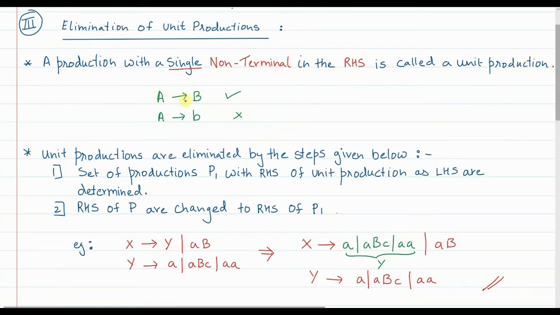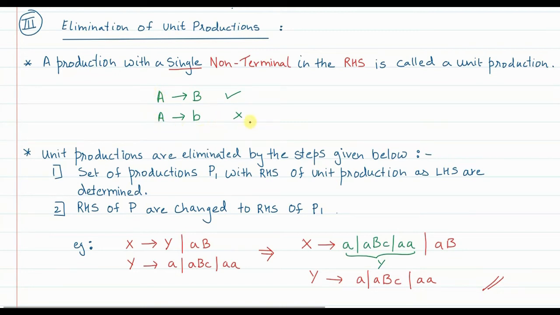Now consider this production here. On the right hand side of this A production, you will find a single non-terminal. Very important, it should be a non-terminal. So whichever production has only one element on its right hand side, and that is a single non-terminal, that production is called a unit production.